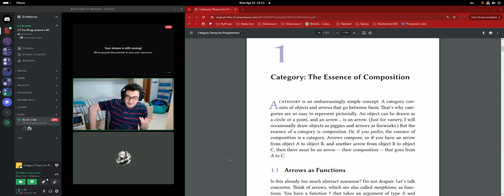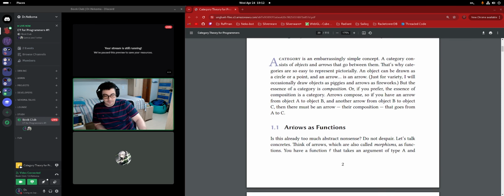So apparently a category is a bunch of objects and a bunch of arrows. And the author made very explicit that we don't care about what is within the objects, right? We only care about the arrows among them. So that's basically the essence of a category, apparently.